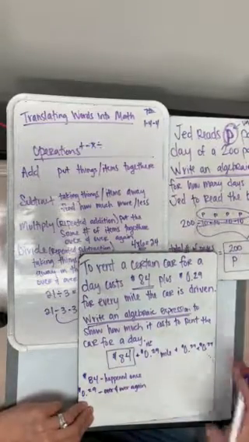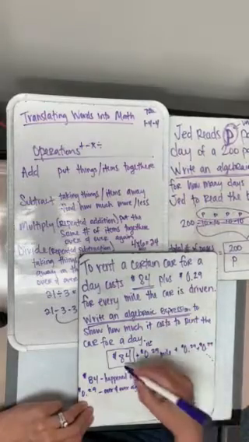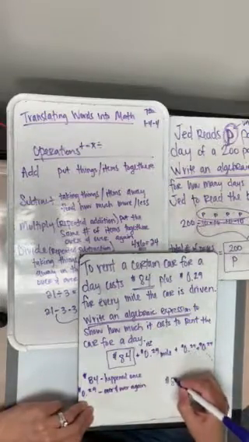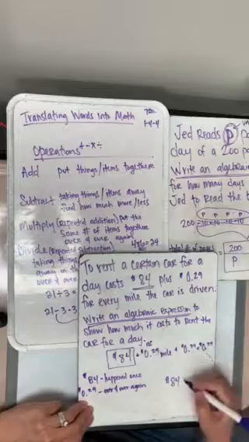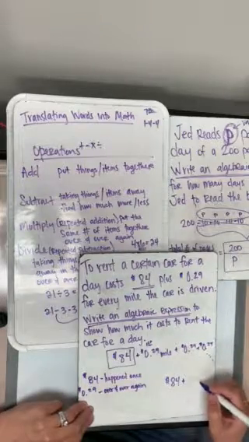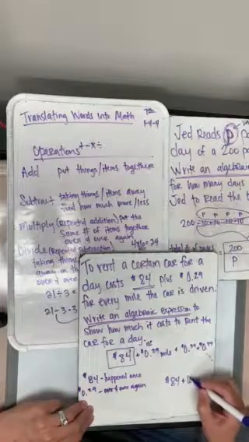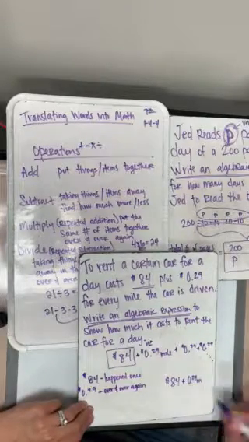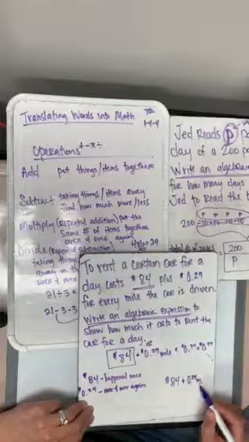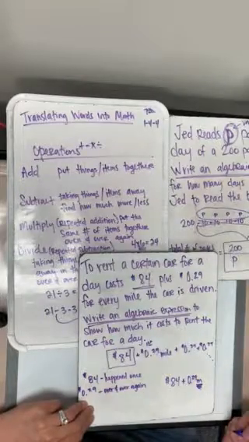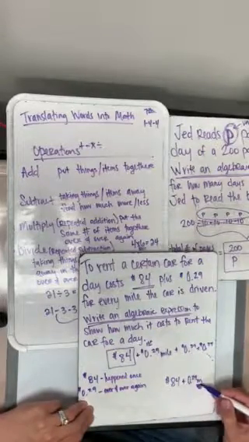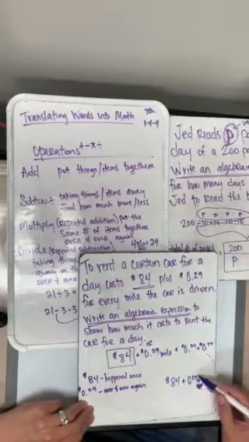So when I am making my expression, I know 84 is gonna happen one time, and then depending on the number of miles I go, I have to pay 29 cents for every mile. So because I don't know how many miles I'm gonna travel that day, that's why your variable is that M that's connected to the miles.